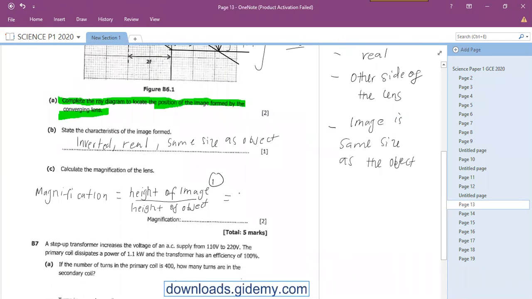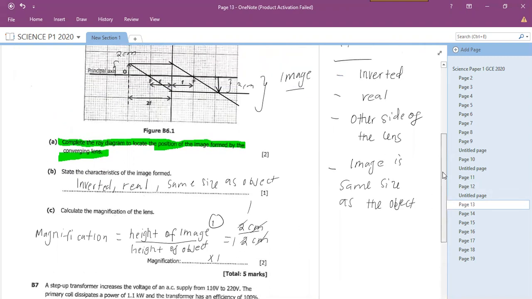Therefore, your magnification will be 2 centimeters divided by 2 centimeters. Magnification has no units. So your magnification will be times 1. Don't forget to put this times 1 because it shows by what factor you have magnified your object. Here we haven't magnified the object at all because the image that has been formed is the same size as the object.